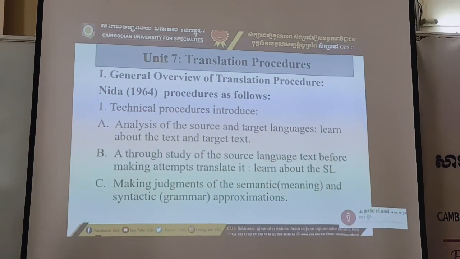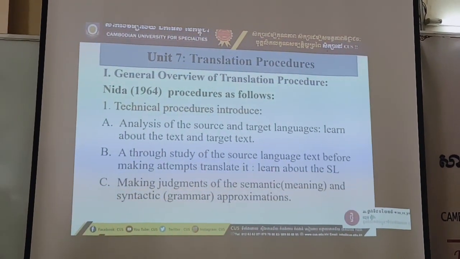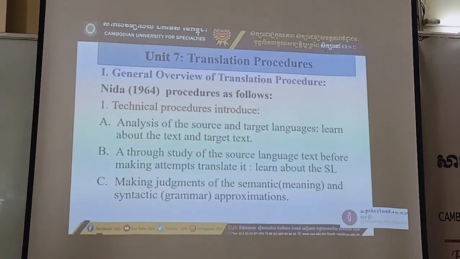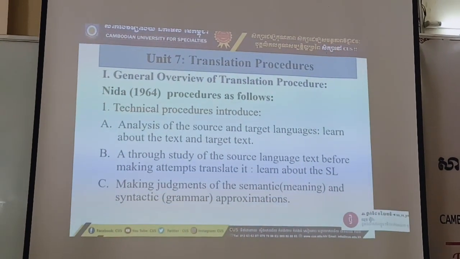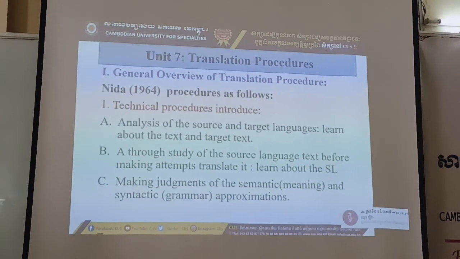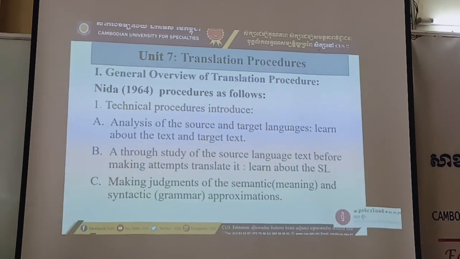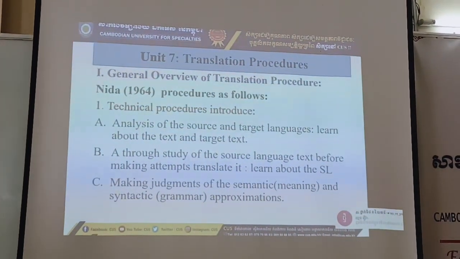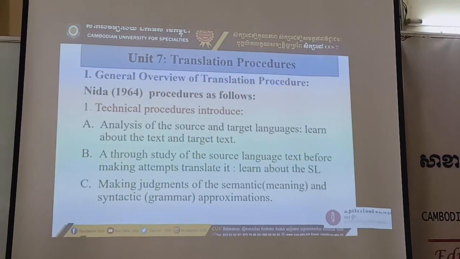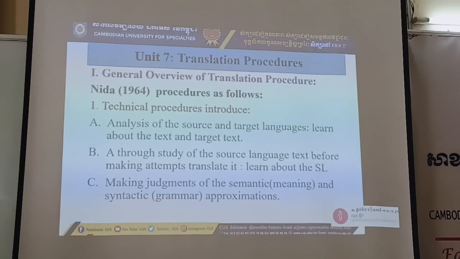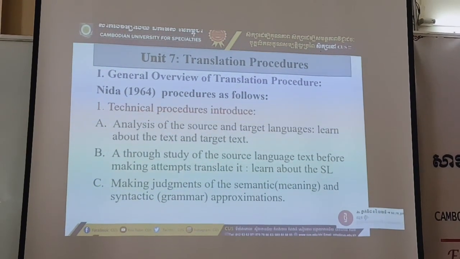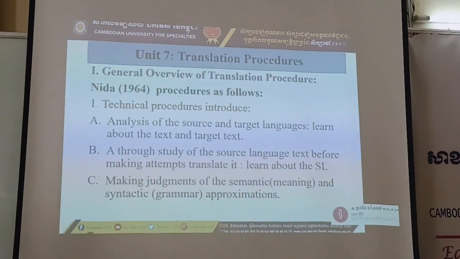B, you need to study the source text before trying to translate it. You've got to learn the culture and the identity of the source text. C, number 3 is making a judgment. So making a judgment of the semantics and syntactics is related to making a decision.